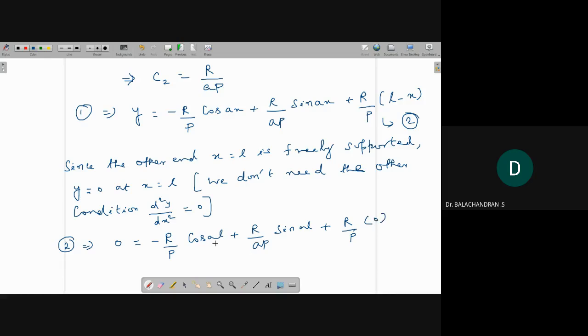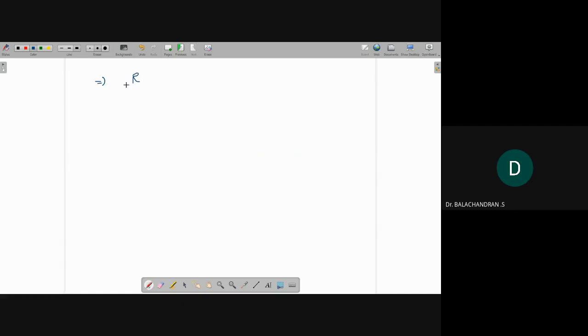So this implies R by AP sin AL equal to RL by P into cos AL. So R gets cancelled, P gets cancelled. So sin AL by cos AL, that is tan AL, equal to AL.